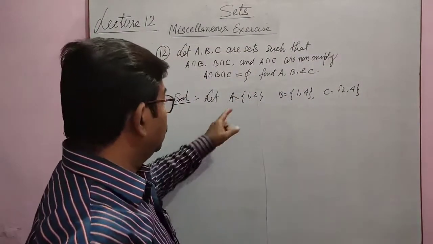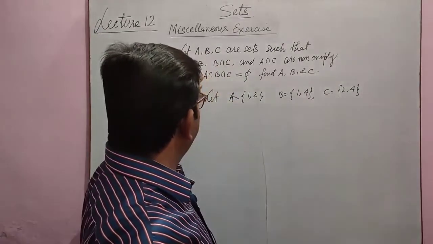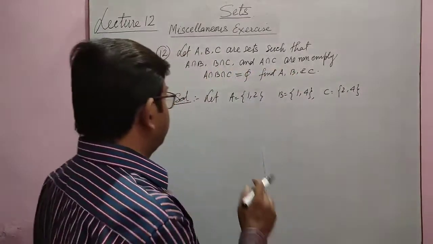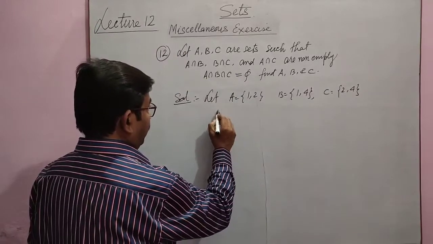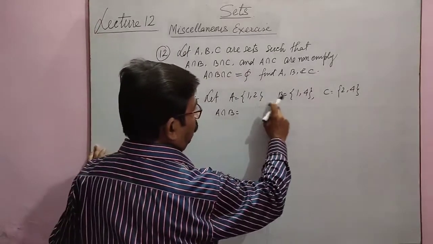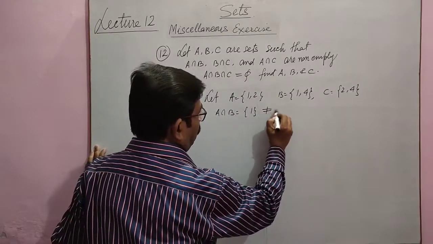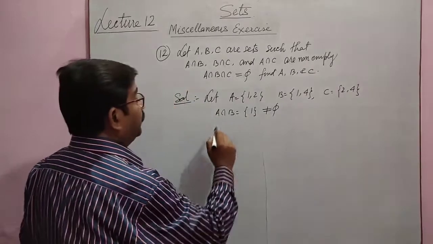Now let's see whether these elements fulfill the given conditions or not. We have A intersection B: 1, 2 and 1, 4, means we have 1, which is not equal to the empty set phi.